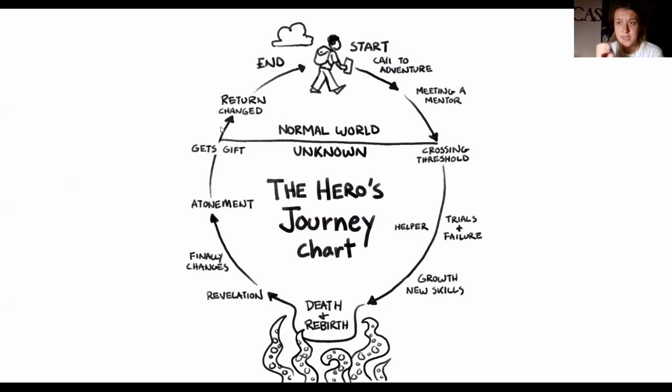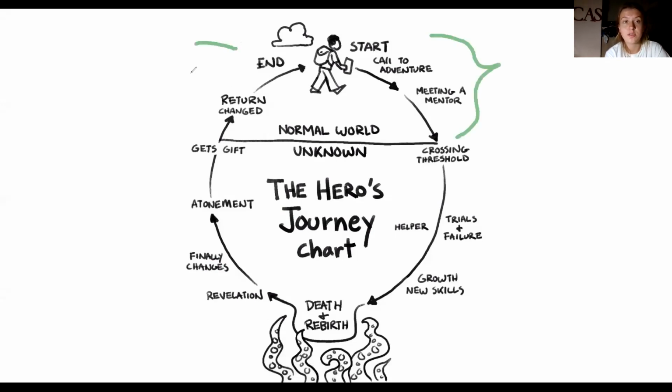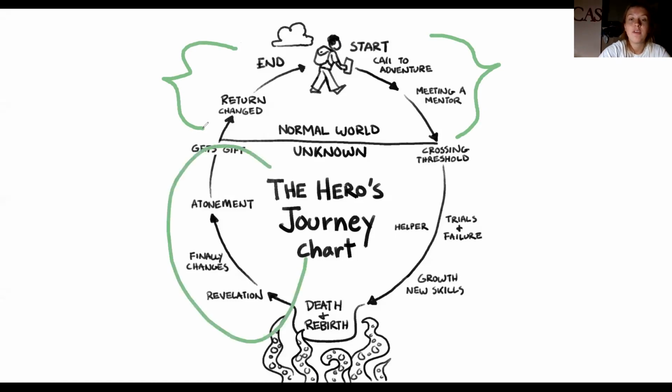So this one is a little bit more limiting towards the setting and towards the resolution. It spends a lot more time talking about the rising action and the falling action, but it kind of keeps the falling action like half and half, right?